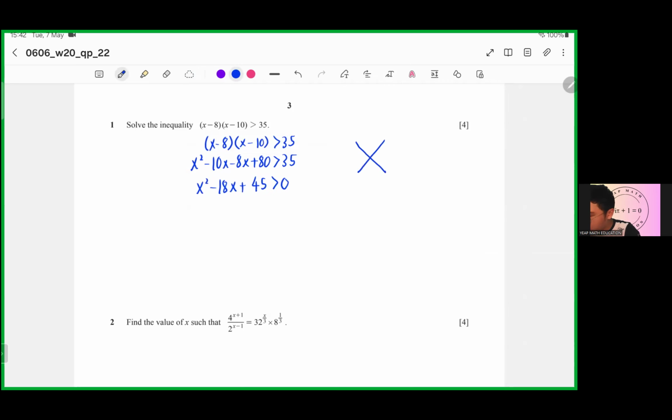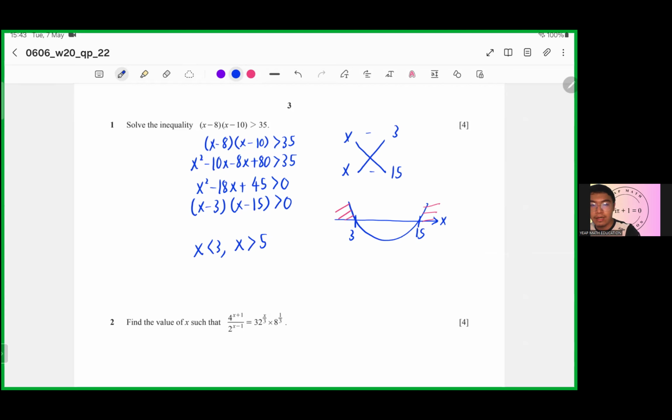Now we can do factorization: (x − 3)(x − 15) > 0. Then we can use the graphical method to solve it. So x is less than 3 or more than 15.